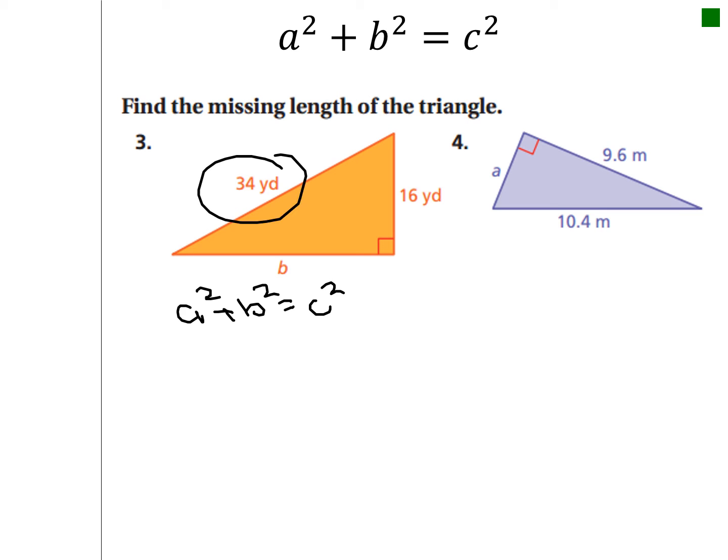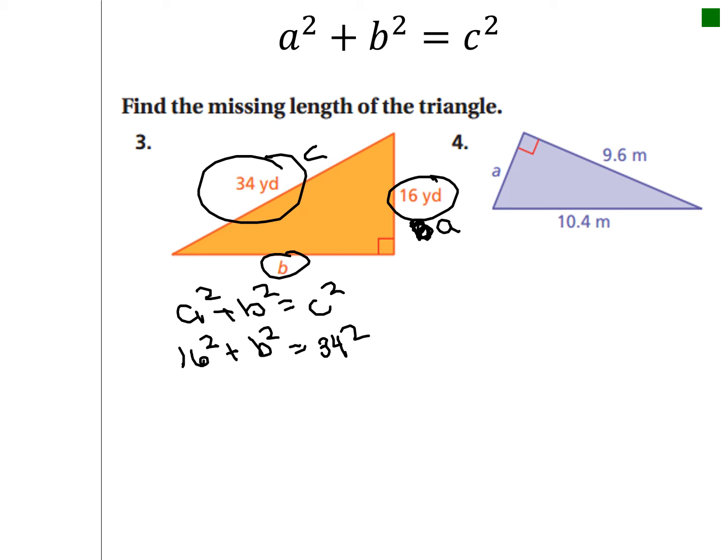We're going to set C to 34, and we'll make this leg 16. Oh, no, it has to be A because it says B right here. Let's go ahead and plug it in and solve for B.